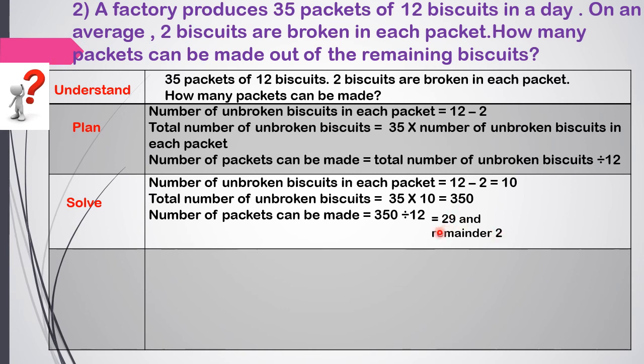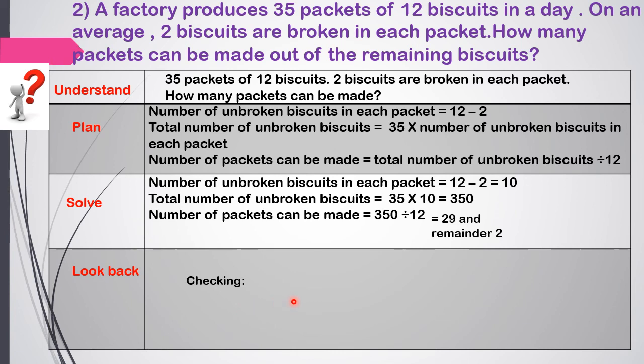So we can make 29 packets of biscuits, and we have 2 remaining biscuits. So now we have to look back. When we multiply 29 into 12, that means the quotient 29 into 12, we get the answer as 348.